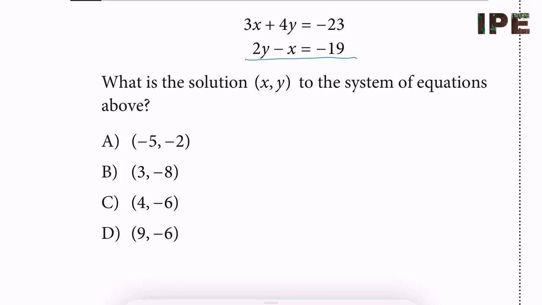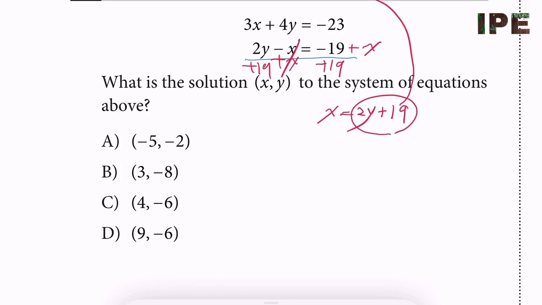So I'm going to add x, and then add 19, add 19. So x equals 2y plus 19. And then I'm going to substitute 2y plus 19 for x. Actually, in the first equation.